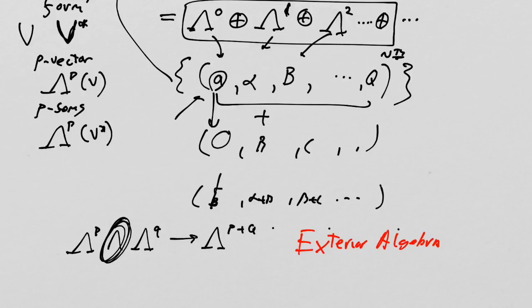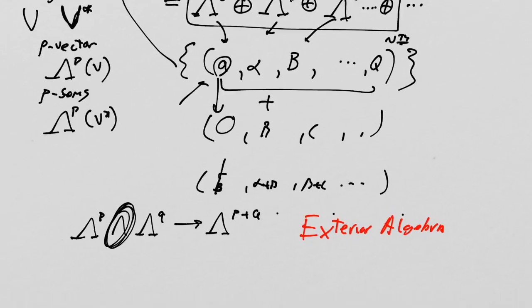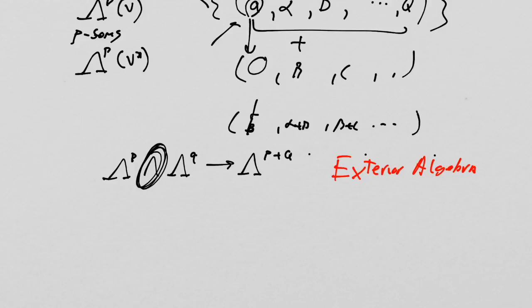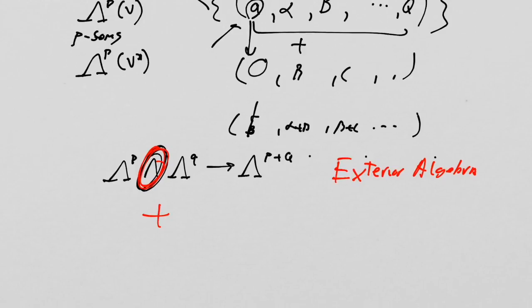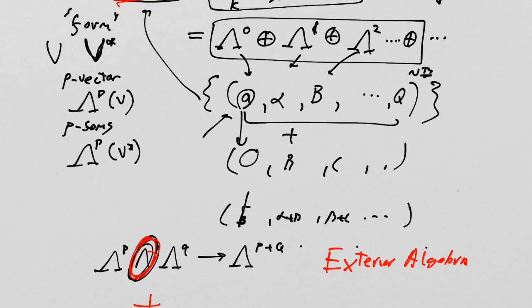And it's totally linear. It's a linear product, linear over the direct sum's addition. So that's the definition of the exterior algebra. Now there are a few things you need to know about the wedge as the operator in the algebra.